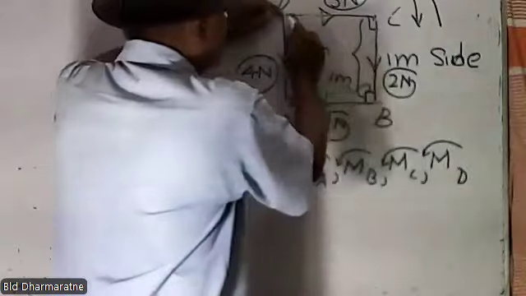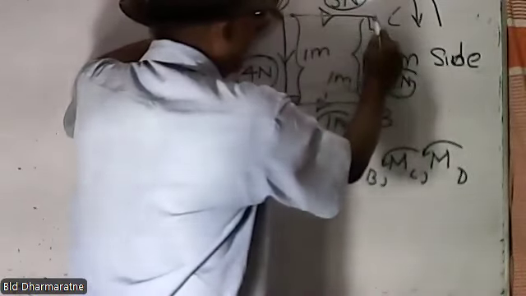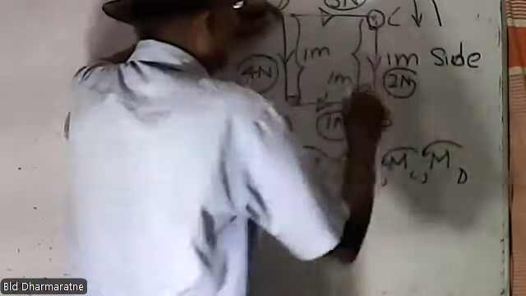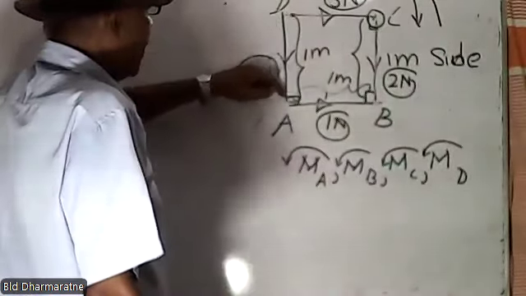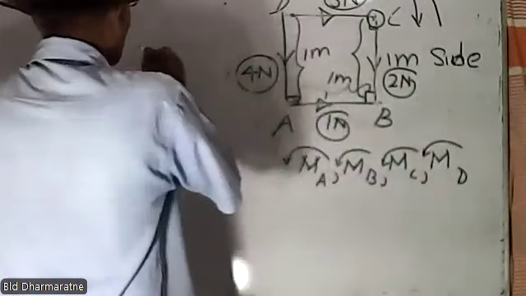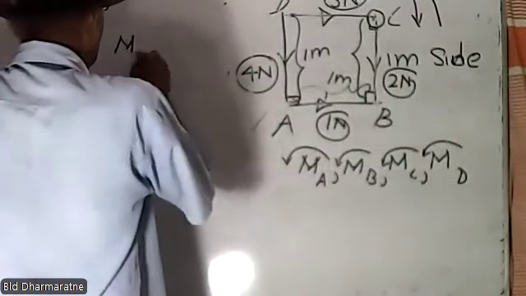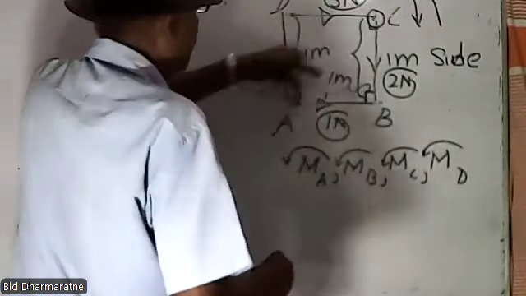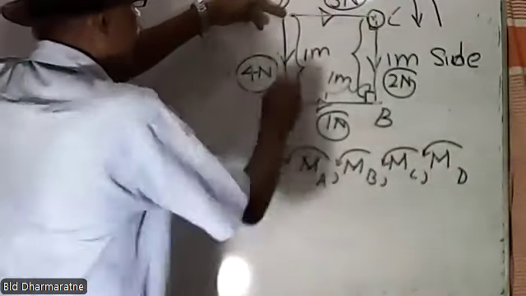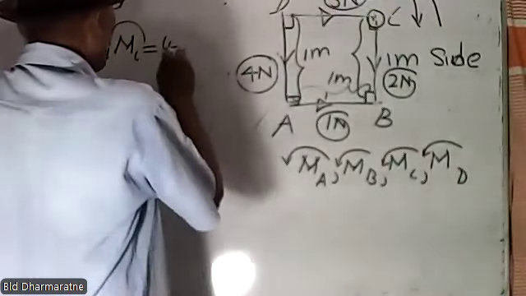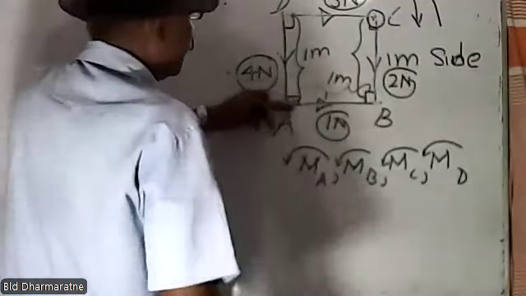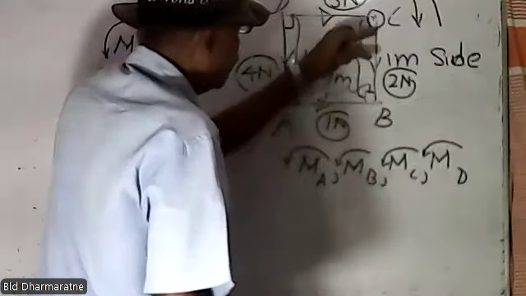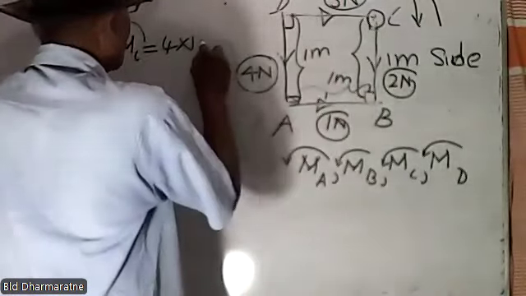The remaining forces: MC is 4 into 1, where 1 is the perpendicular distance, plus 1 into 1, force into distance.